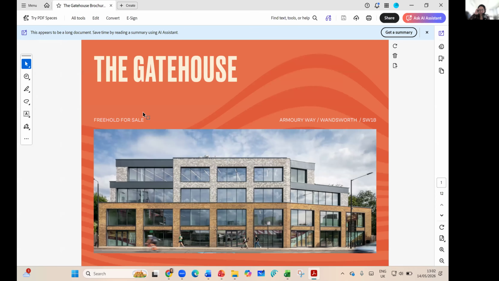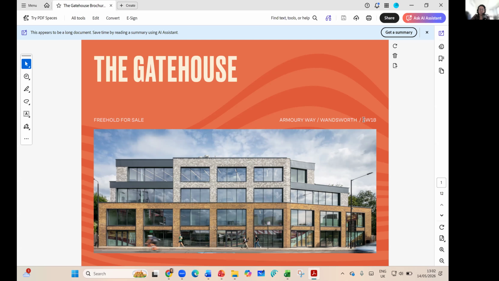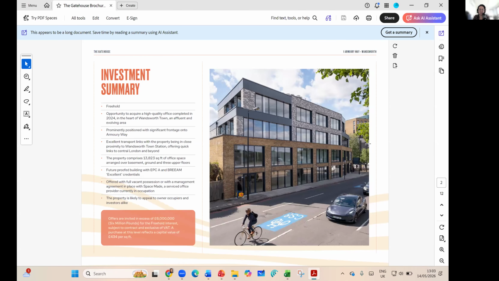It's freehold for sale, in Wentworth, which is a little bit further out in central London. But it's an area where there has been lots of development happening, and it has really changed in the past few years. This is an office, and it's already been refurbished, and there is a tenant in place called Spacemate. And this is the investment opportunity.